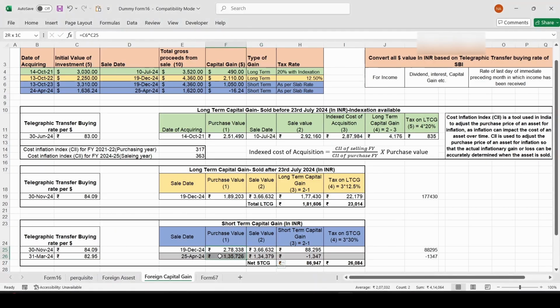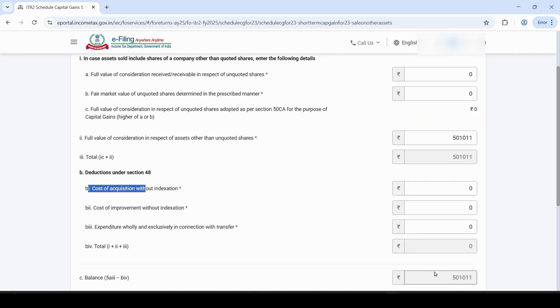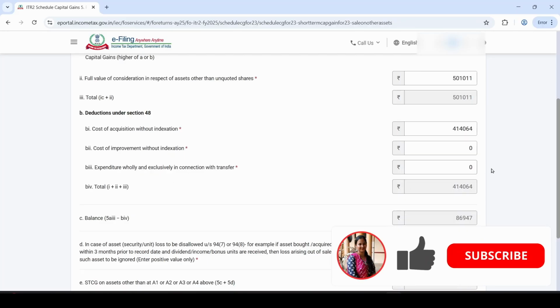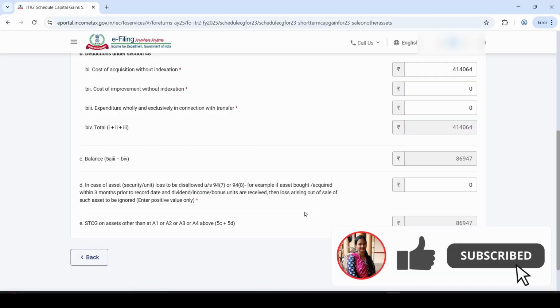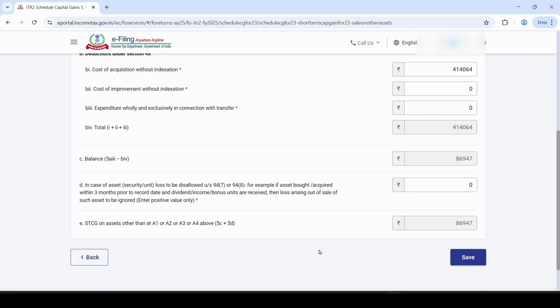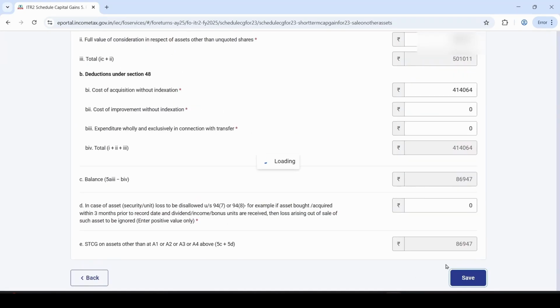So our consolidated purchase value is 4,14,064. If you have incurred any expenditure in connection with transfer, you can mention it here. In my case, it is 0. So our net short-term capital gain is this. It's matching with our calculation. Click on save.